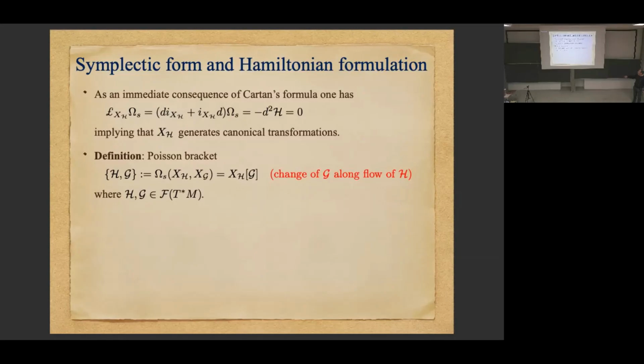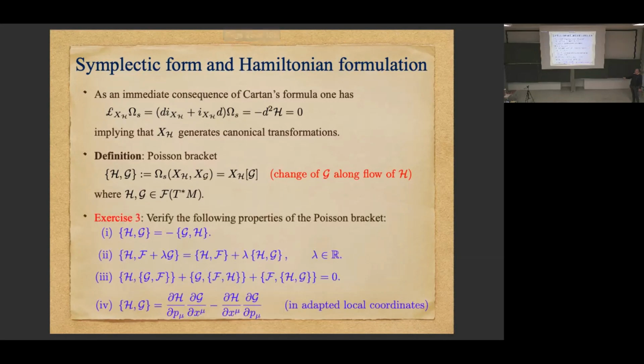Now, exercise 3: you can verify the following properties of the Poisson bracket. It's antisymmetric, which is trivial from the definition. It is linear in the second argument, and then it satisfies this Jacobi identity. And in adapted local coordinates, you get this familiar expression.